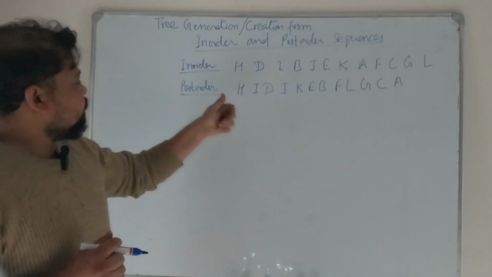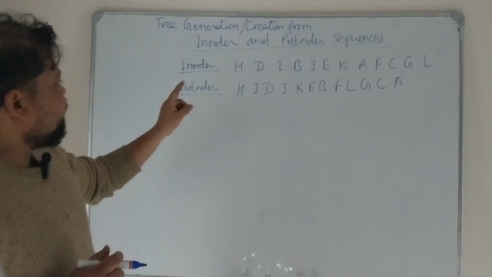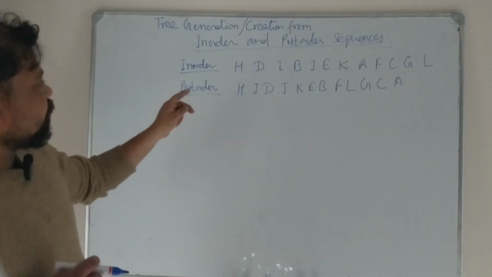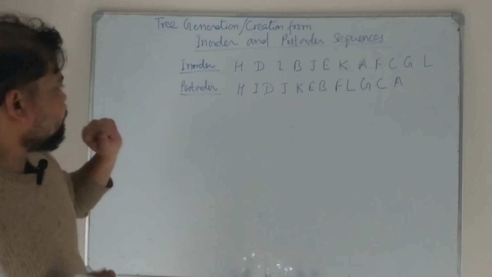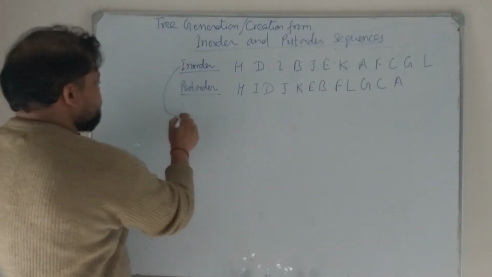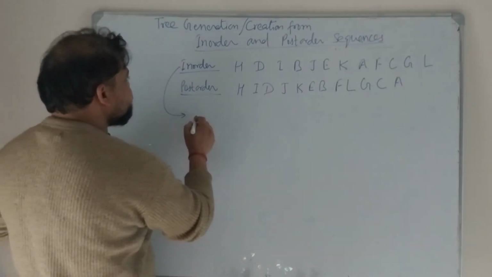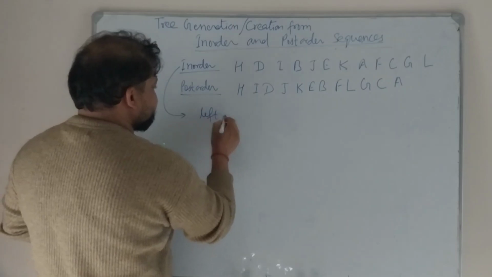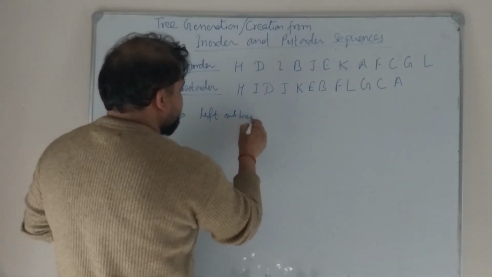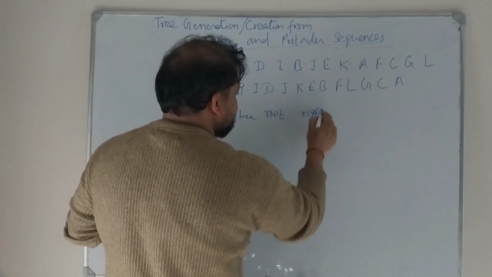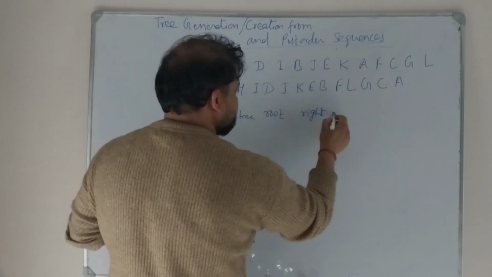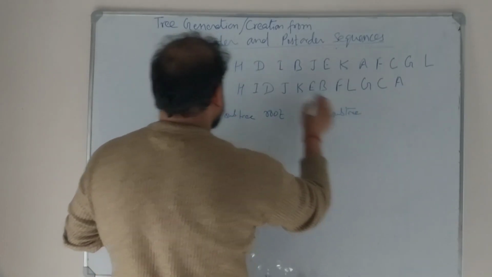Before creating the tree, we will explain the sequences followed by in-order and post-order. In case of in-order, the sequence always takes first the left subtree, then the root, and then the right subtree.